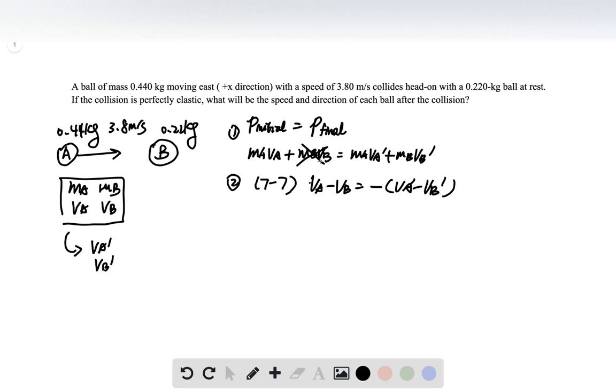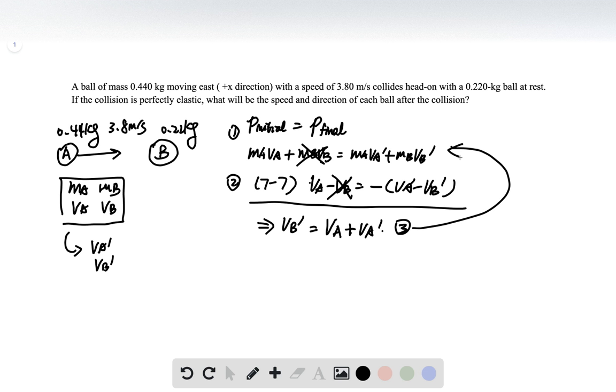Since equation 7.7 looks like a simpler form, we will use this to do the substitution. Here again, we can ignore VB. From this equation, what we have is VB prime equals VA plus VA prime. Then I substitute 3 into 1.